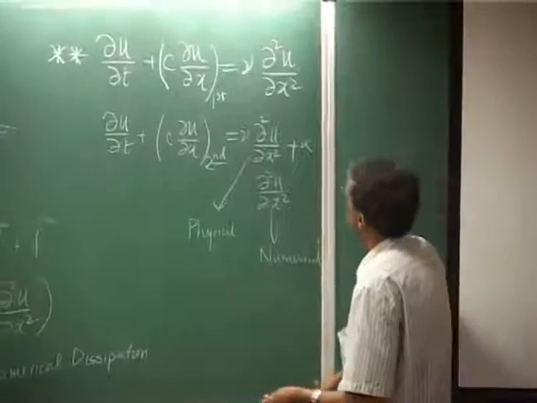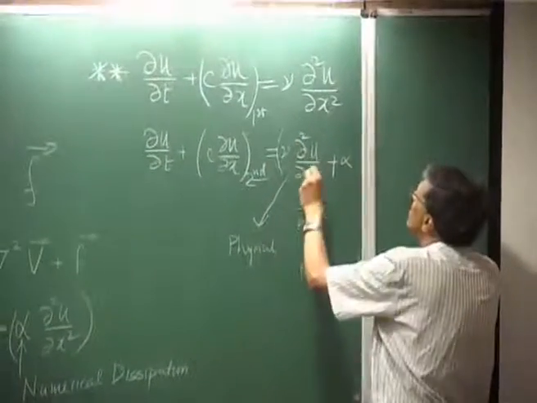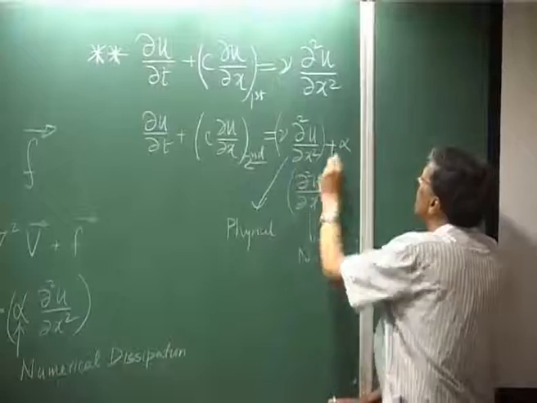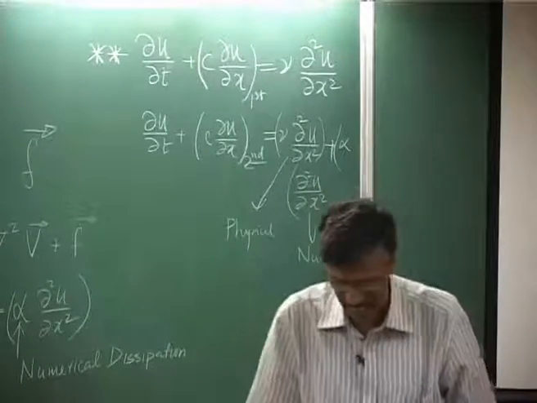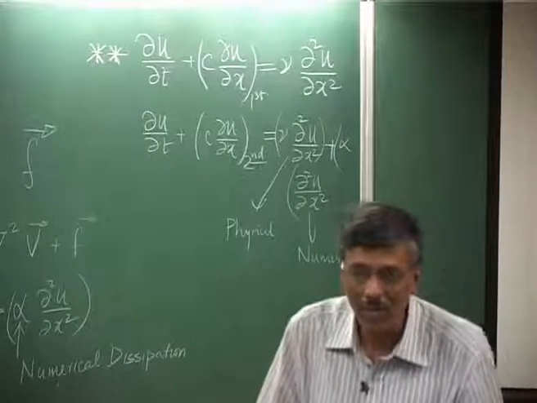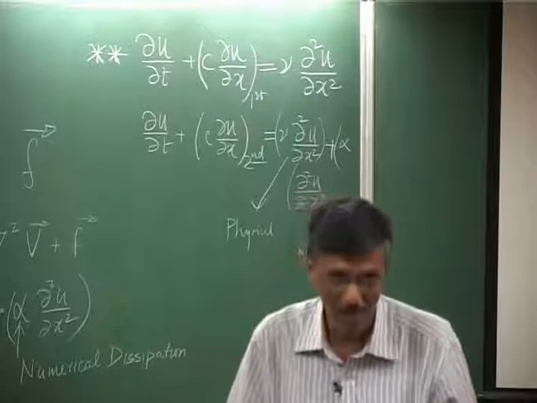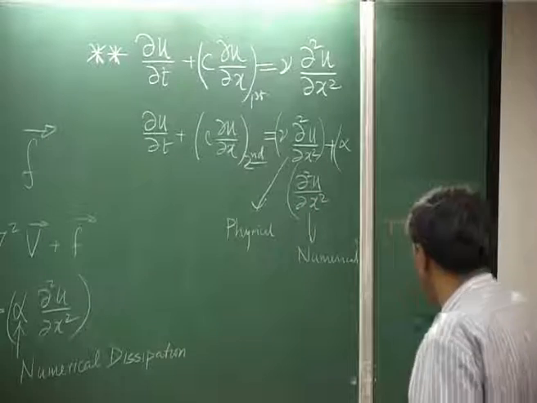You are in a dilemma, because to numerically stabilize what you are doing, you have a physical term, to that you are adding a numerical term. This numerical dissipation added actually interferes with the physical dissipation, and this is dangerous, right.